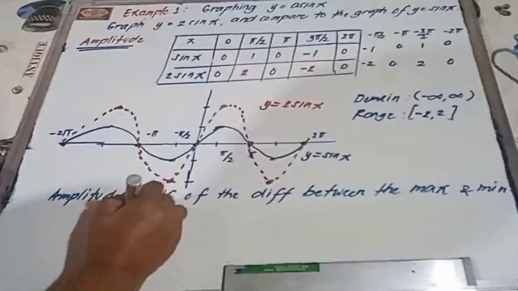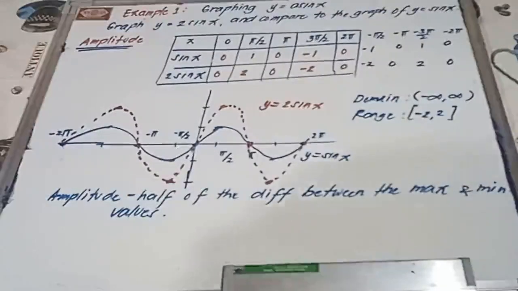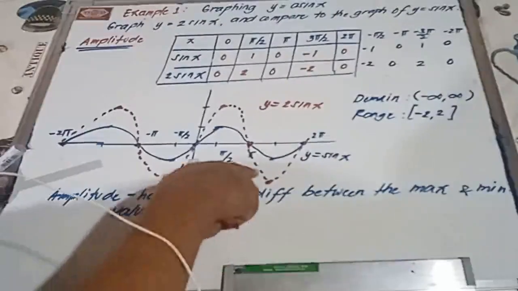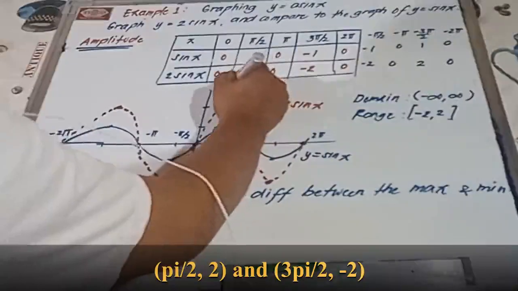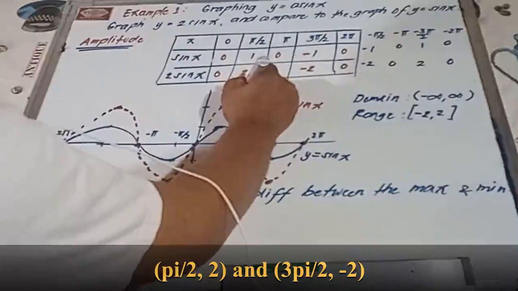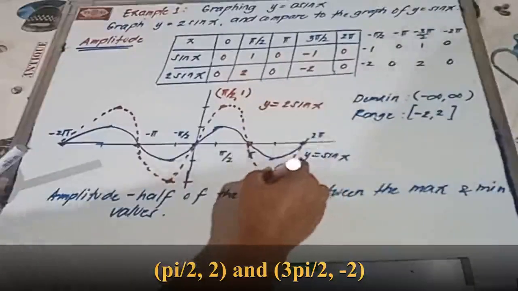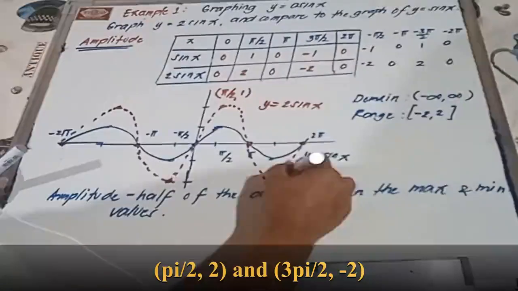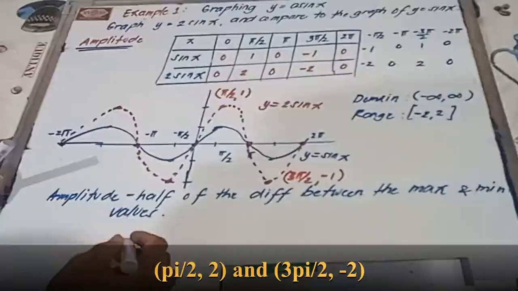This is the minimum, this is the maximum. This is pi over 2, 1, that is the max. This is the min, 3 pi over 2, negative 1. Minimum, maximum. Let's get the difference.